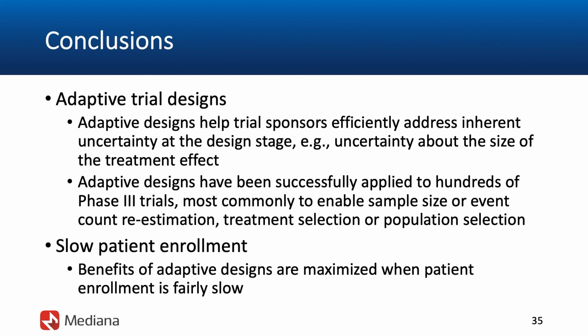I would like to point out, and we'll come back to this point again and again, that there are certain restrictions, certain conditions that would make an adaptive approach more viable in a particular setting. And one of the key assumptions is slow patient enrollment. In general, benefits of an adaptive approach are maximized when patient enrollment is fairly slow.